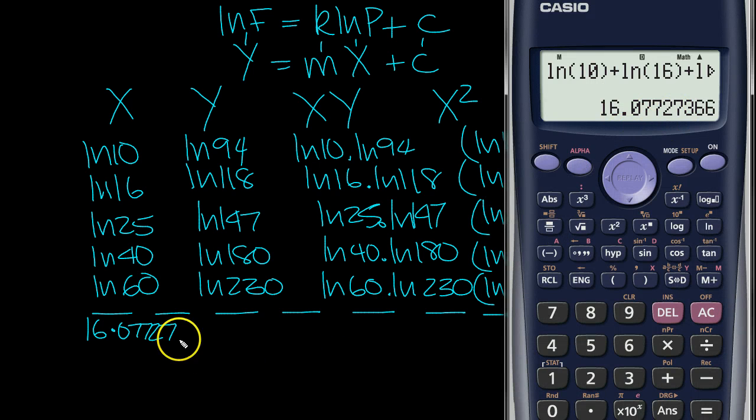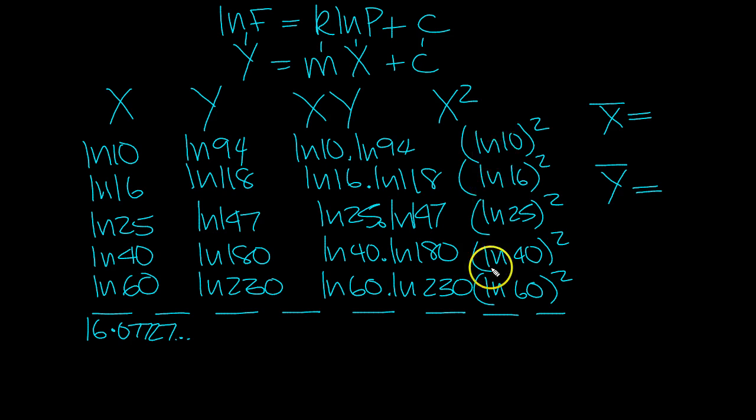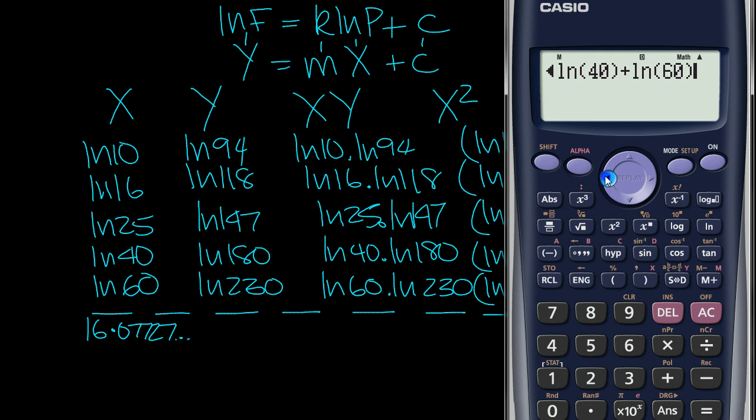That's okay. Now I'm going to work out this one because it's easy just to square these, and I can also check that I entered them all correctly at the same time. So the first one was log 10 squared, then log 16 squared, log 25 squared, log 40 squared, and the last one was log 60.